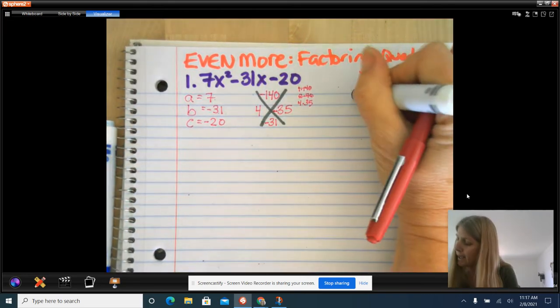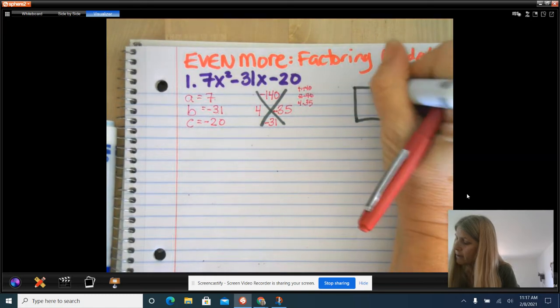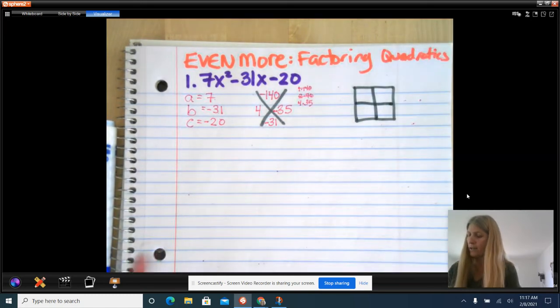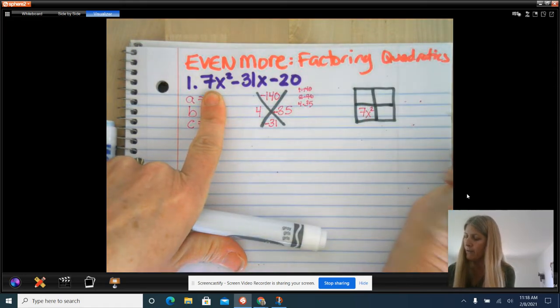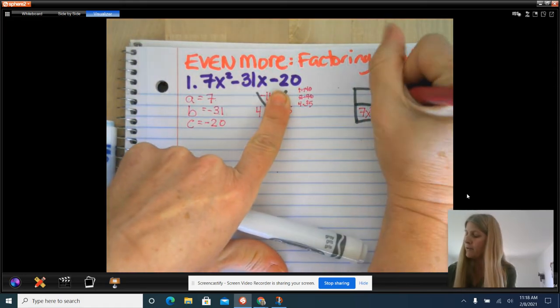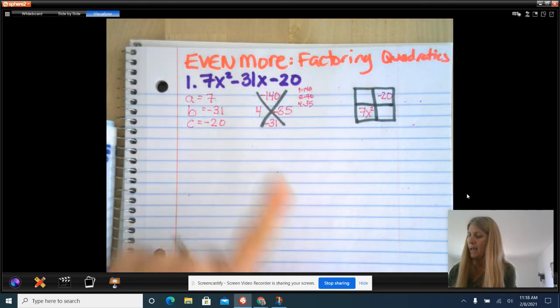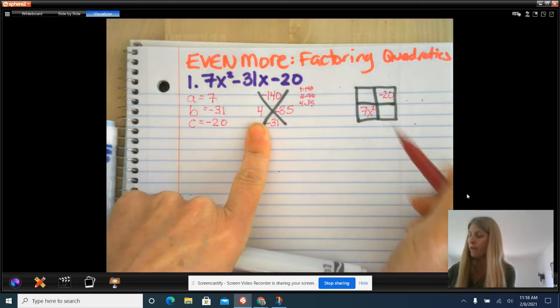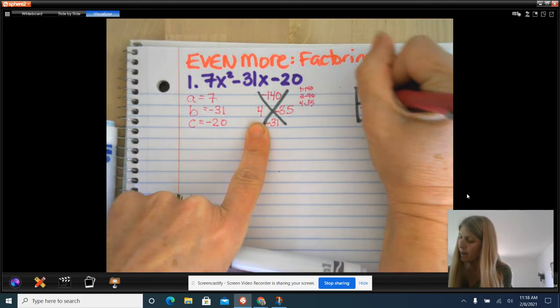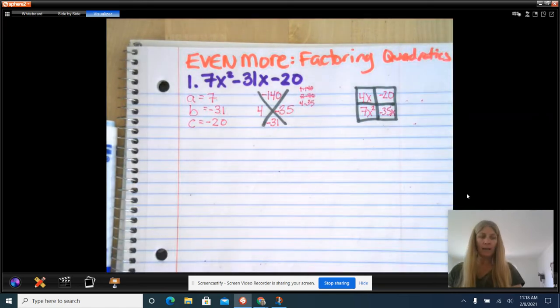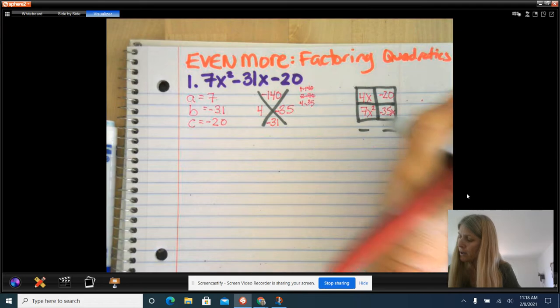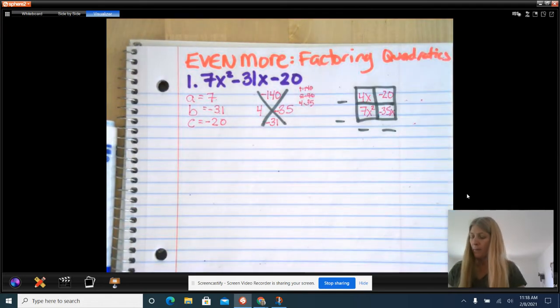Now I'm going to fill out my generic rectangle. I go back to the original problem for my 7x squared in the bottom left, the negative 20 in the upper right, and then I'm going to take these and add x for my 2 remaining squares. So I have 4x and negative 35x. Now I'm going to pull out those answers for my problem in product form.